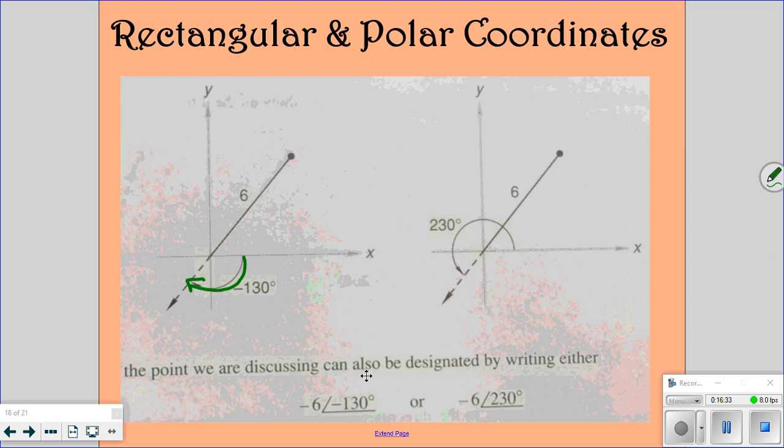So this is the same point as 6 at 50 or 6 at negative 310. And then you actually have one more way that you could write it. We could go a positive 230 degrees. This part is 180, and then this rest is 50 degrees. And so these are vertical angles here. And then if it's a negative, we shoot it through the origin to make it a positive distance. So whenever you're putting them into polar coordinates, you can actually write it in 4 different ways.